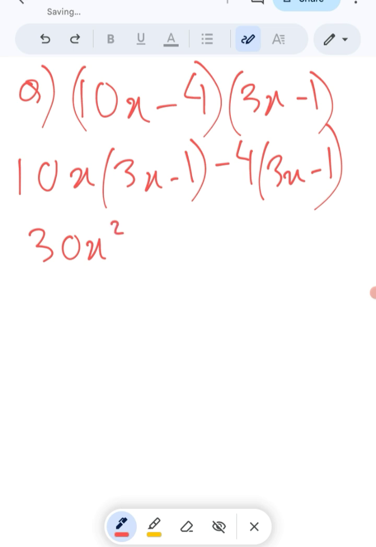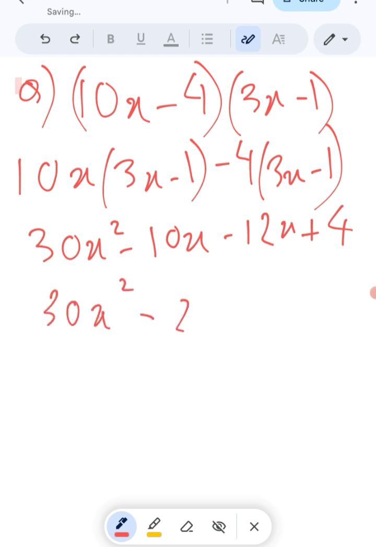Now 10x times minus 1 makes a minus 10x, right? After this 4 multiplied by 3 is, with a minus sign as well, minus 12x. Now minus into minus 4 ones are plus 4. So 30x square minus 22x plus 4 is your answer.